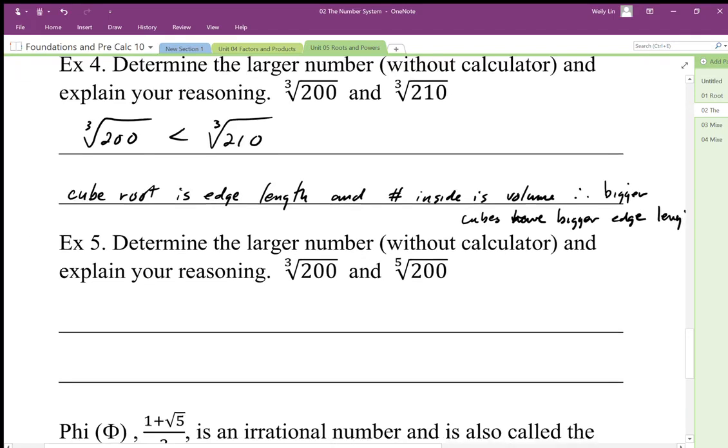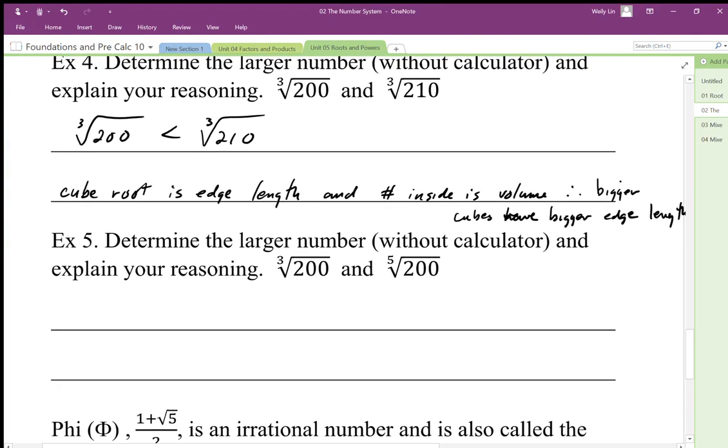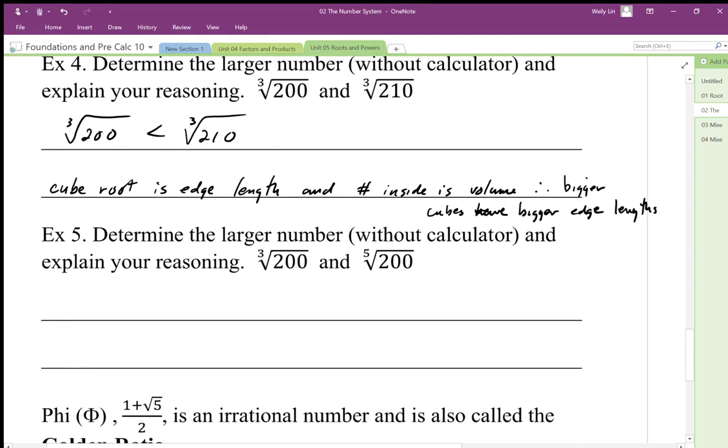Okay, so just geometrically we know that this is true. We can also just think of it in terms of numbers as well, and we can generalize that from the geometry. So example 5 says determine the larger number without a calculator when we compare these two roots.